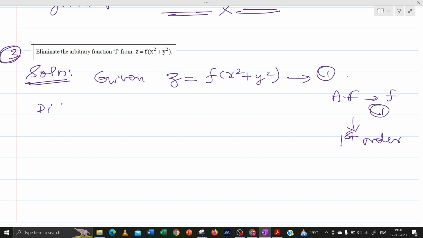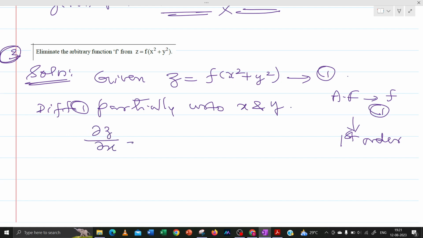Differentiate partially with respect to x and y. We get dou z by dou x equal to f dash of x square plus y square.